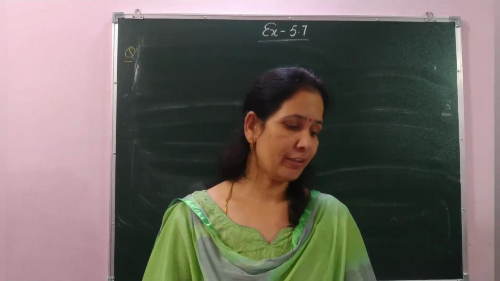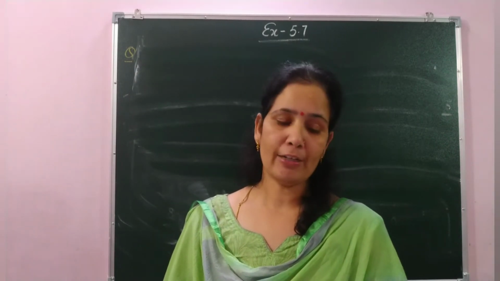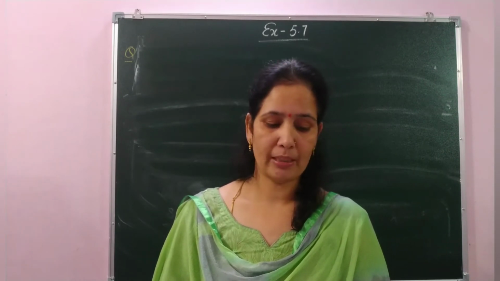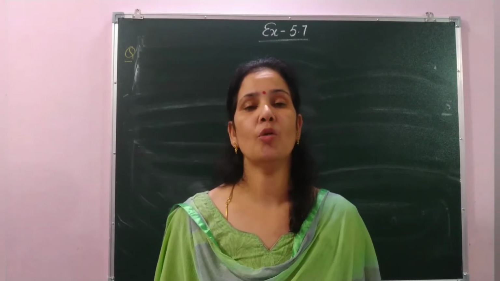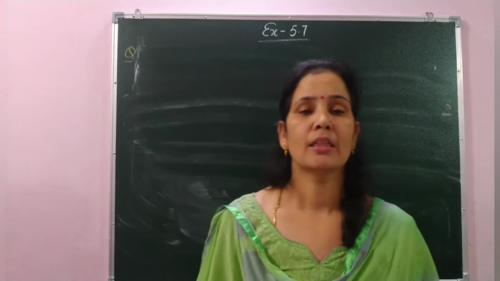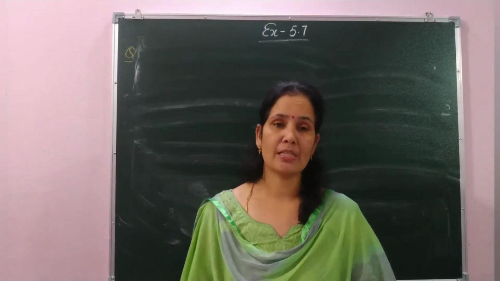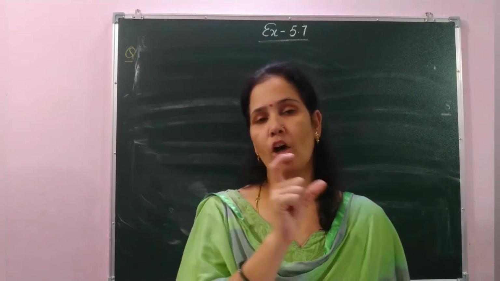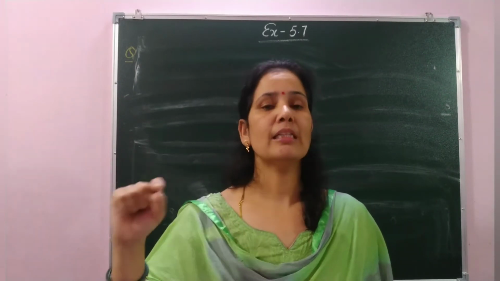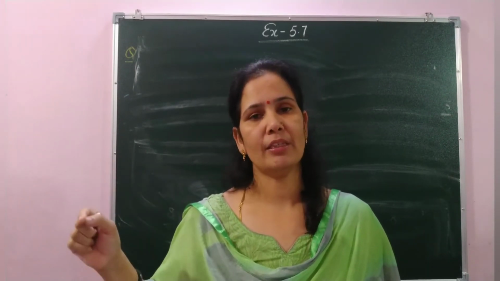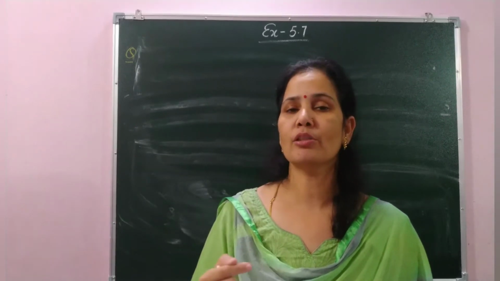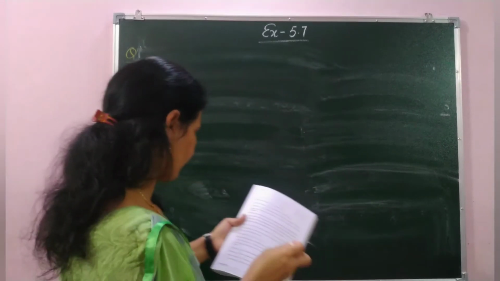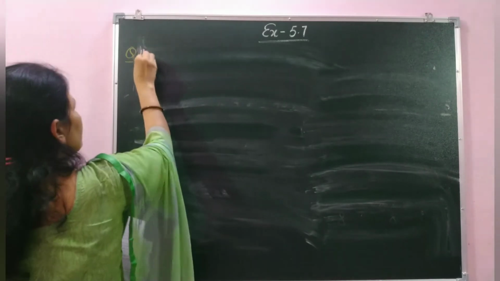But in the evening when he returned home, 5/8 kg of vegetables were left, and we have to find out how much vegetable was sold by that vegetable seller in the whole day. So in this question, first we add all the weights of the vegetables, then subtract whatever is left, and in this way we find the total sold by the vegetable seller. Okay, so let's see question number 11.